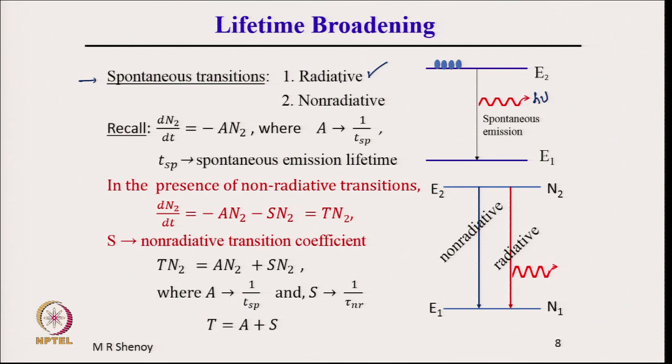Radiative transitions are transitions which involve emission or absorption of a photon. That is why the radiation is involved, hence the name radiative.